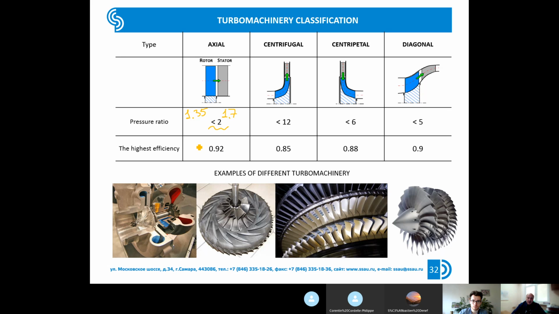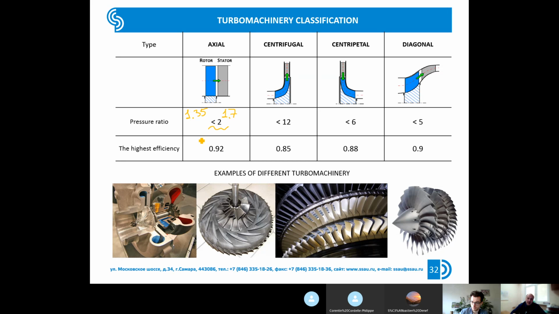If we speak about efficiency, the typical level of efficiency of an axial stage is approximately 0.9. The turbine has high efficiency, the compressor has lower efficiency. For example, for the turbine, a very typical efficiency is 0.92, 0.93. Examples with efficiency 0.9, 0.93 for the compressor stage.